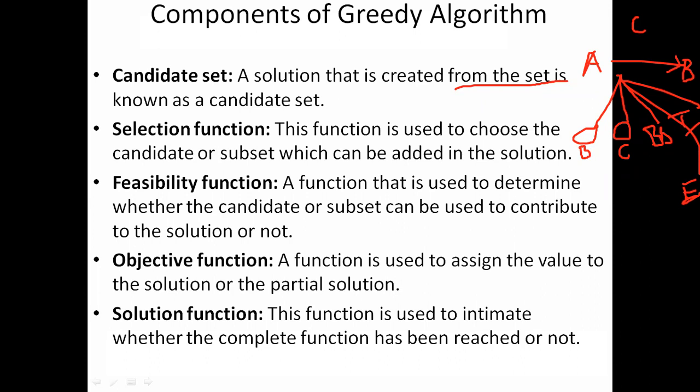Here we choose train and flight; these two are the feasible solutions. The objective function is used to assign a value to the solution, the optimal solution or a partial solution. And the solution function is used to indicate whether the complete solution has been reached or not.